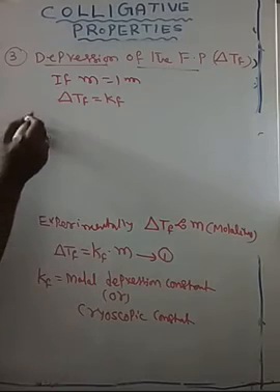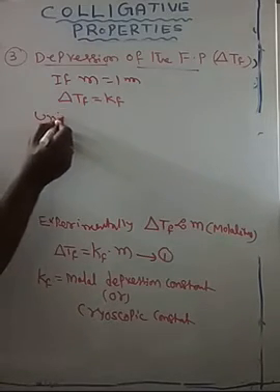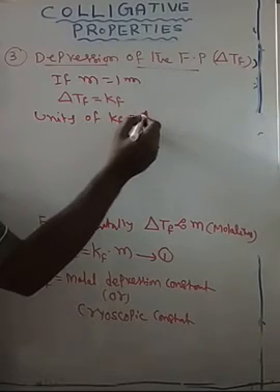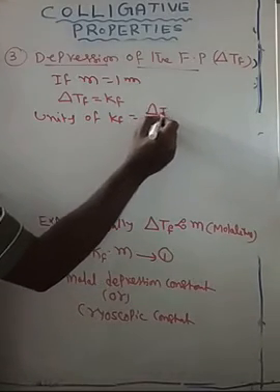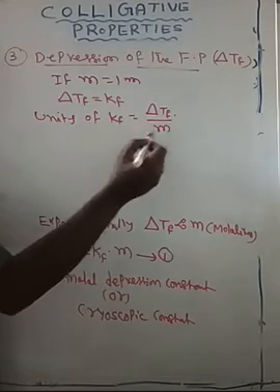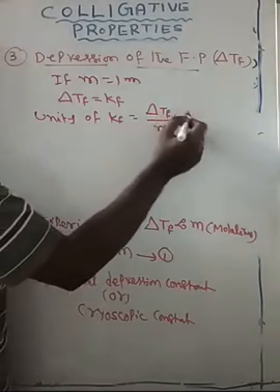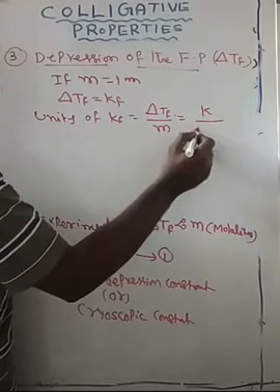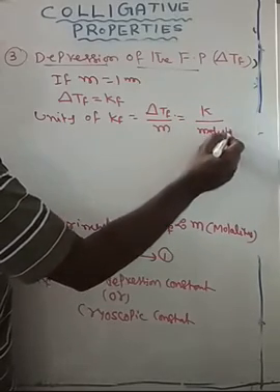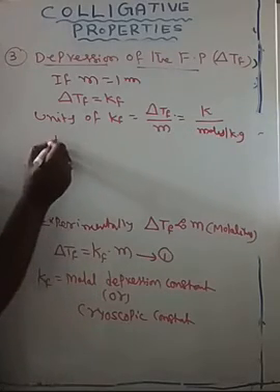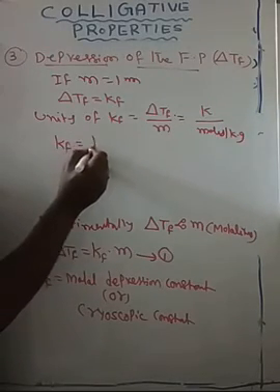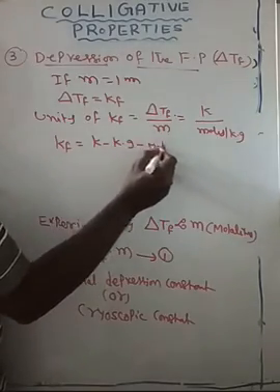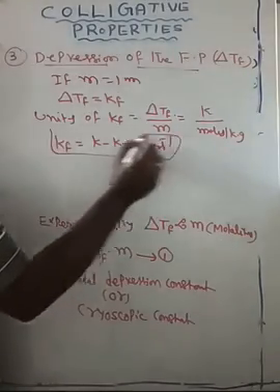Like the units of Kb, we also define the units of Kf. Kf is equal to delta Tf by m. Delta Tf is a difference in temperature, so it is measured in kelvins, and molality is moles per kilogram. Therefore, the units of Kf are kelvin kilogram mole inverse.